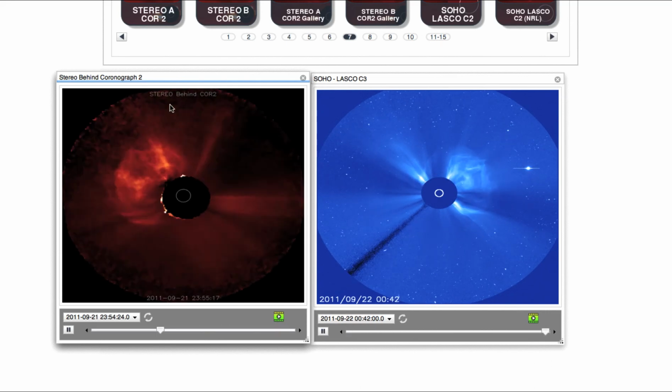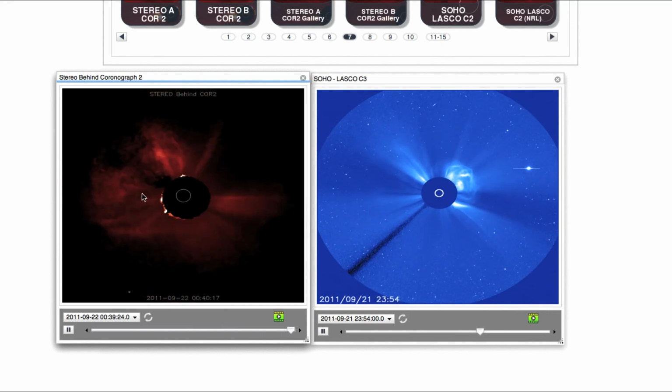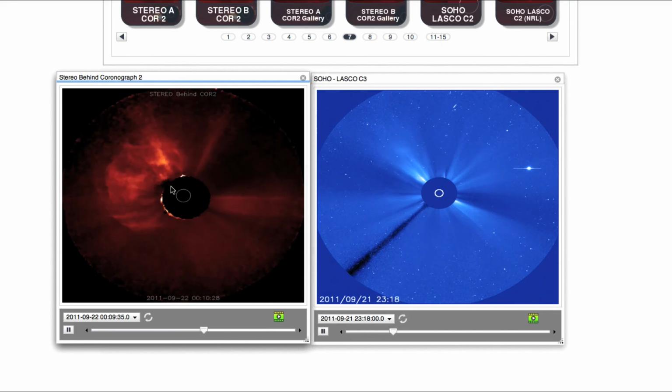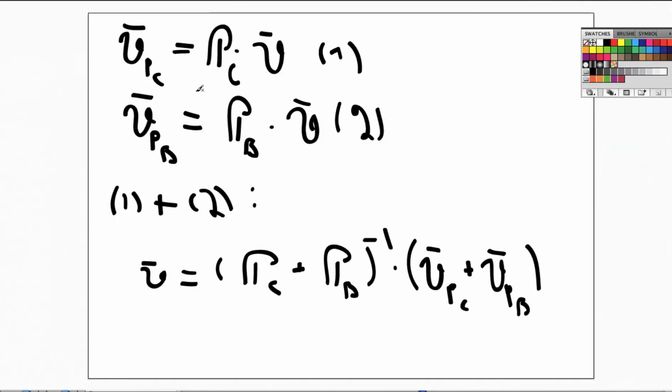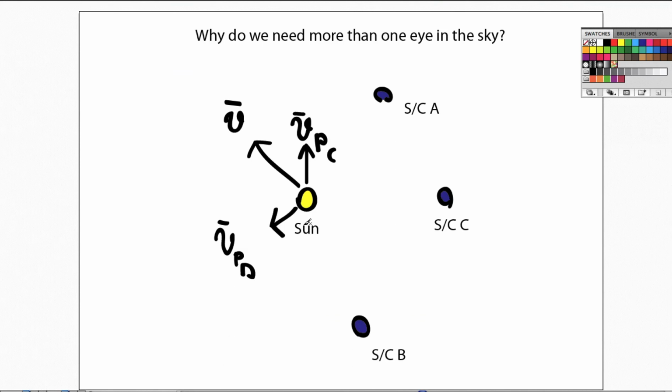But now that you have STEREO Behind information also available, where you see that the CME is going to the left, you can quickly determine by using this type of schematic illustration that since the CME is going right in SOHO imagery and going to the left in STEREO Behind imagery, the actual CME has to propagate away from the SOHO spacecraft.